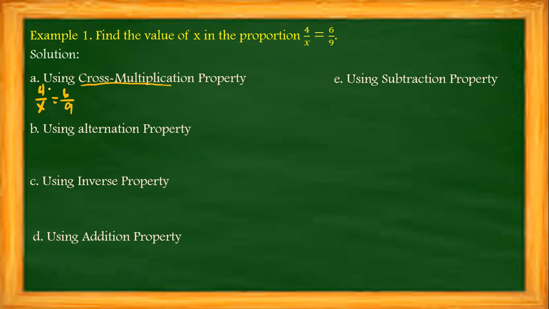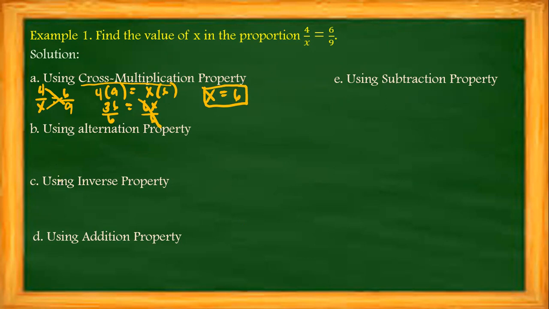Cross multiplication, just cross multiply 4 and 9 equals x and 6. 4 times 9 is 36 equals x times 6 is 6x. And divide both sides by 6. So it is cancelled. 36 divided by 6, the answer is 6. So using the first property, which is cross multiplication, our answer is 6.